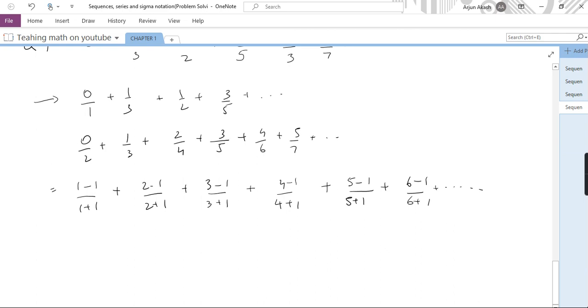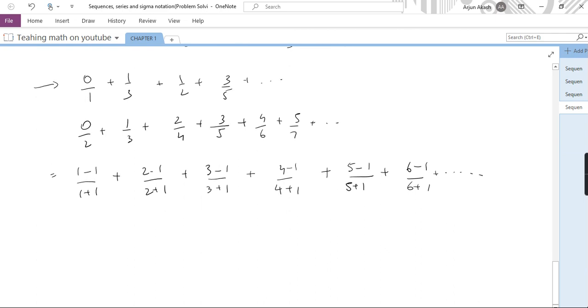So if I'm asked to write this with the help of a summation sign, I just write the summation of r equals 1 to infinity of (r minus 1) over (r plus 1). And that's the answer.